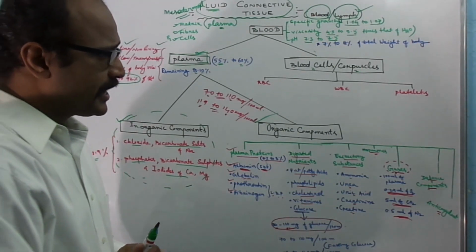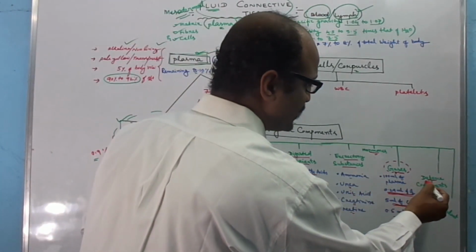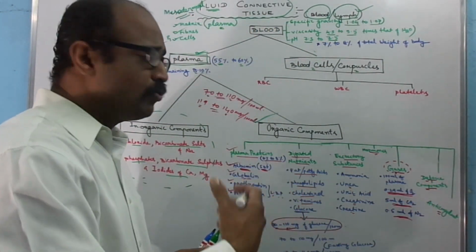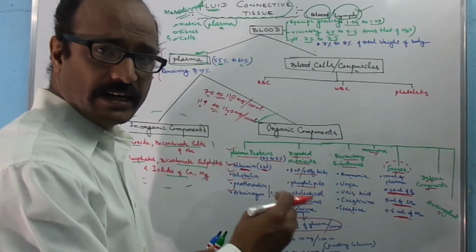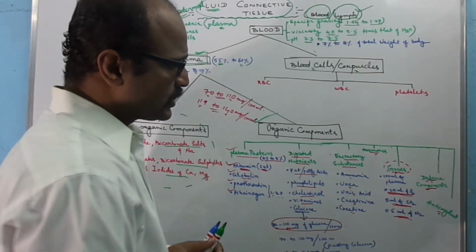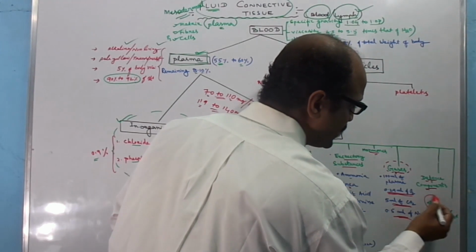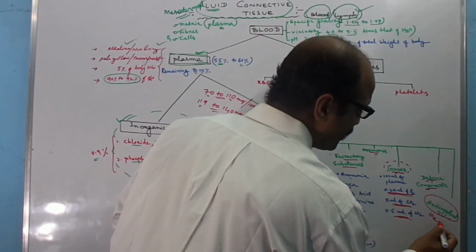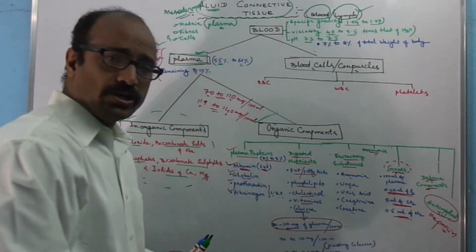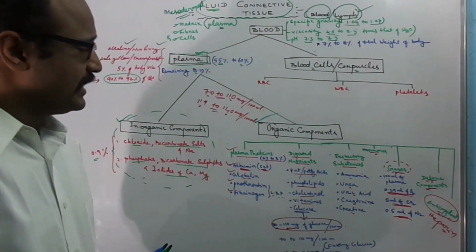Plasma also contains some defense components, meaning antibodies and some immunoglobulins present inside the plasma of the blood. The blood plasma also contains the anticoagulant heparin. That's why blood does not clot inside the blood vessels.